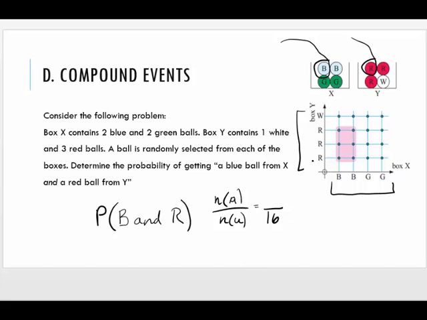Of those 16 different possibilities, where does the red and the blue occur? Well, it occurs 1, 2, 3, 4, 5, 6 times. Okay? So we can take that, and we'll go ahead and reduce it. I don't mind if you get a decimal or not. A reduced fraction, I believe, is 3/8. Okay? So we have 3/8 here.